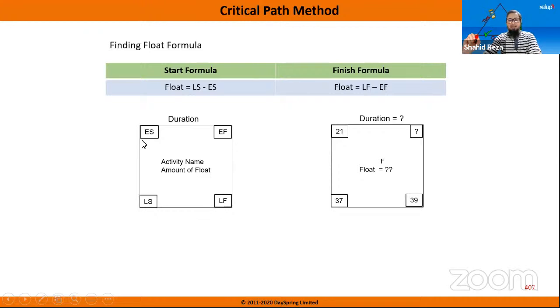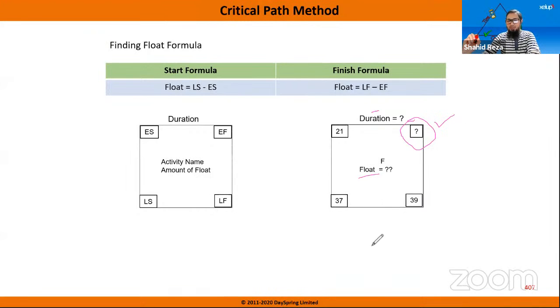What can happen is you can get one node in the exam like this. See, this node is given in the exam. You have to find out the float of this node, the duration of this node, and the early finish of this node. So can we try to solve this? Let's find out the early finish of the task. We have to find out float, duration and early finish.